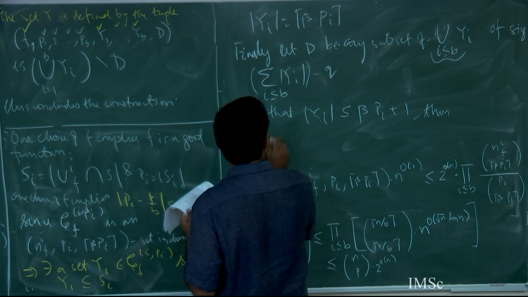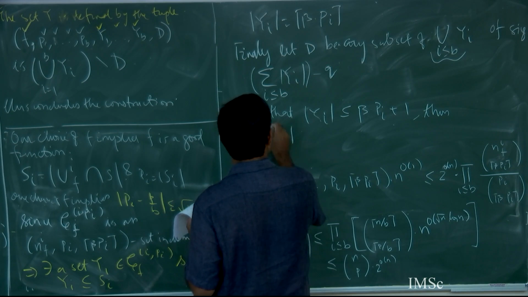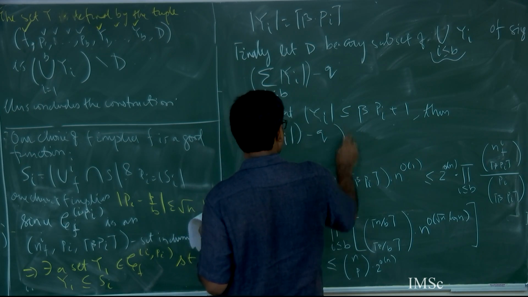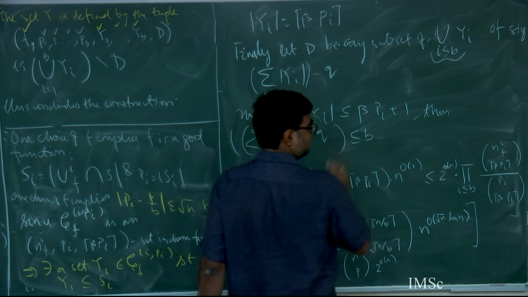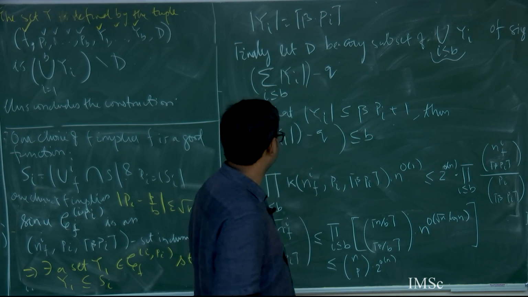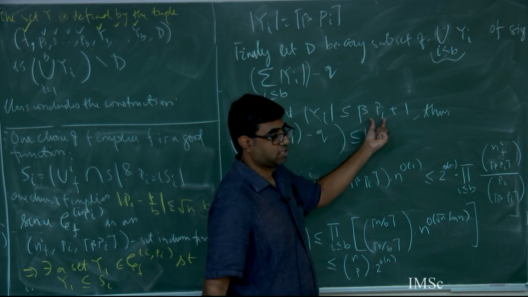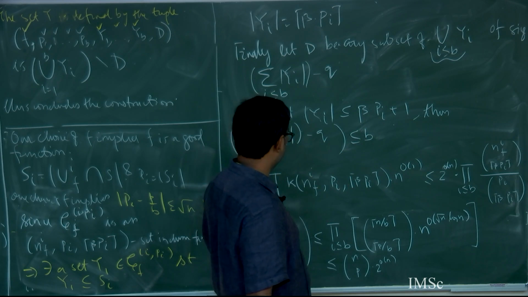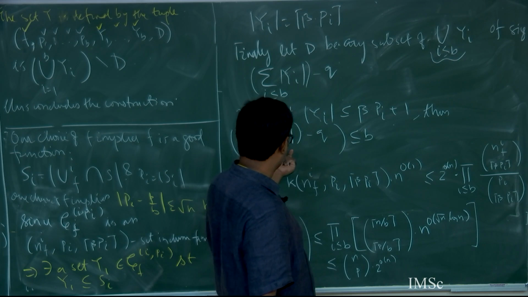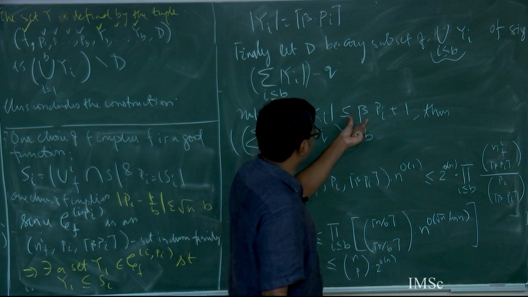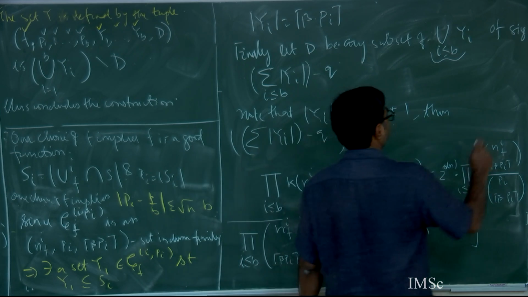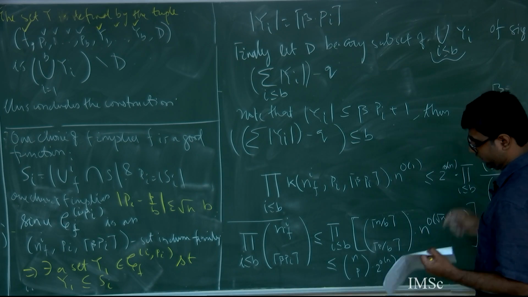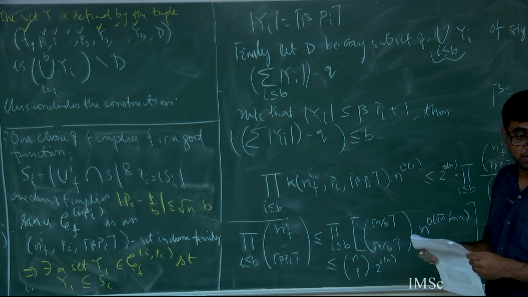The sum of yi minus q is upper bounded by p. Each term is bounded by beta pi plus 1, and there are at most b terms, right? And what did we set beta equal to? If I recall correctly, we set beta equal to q by p.